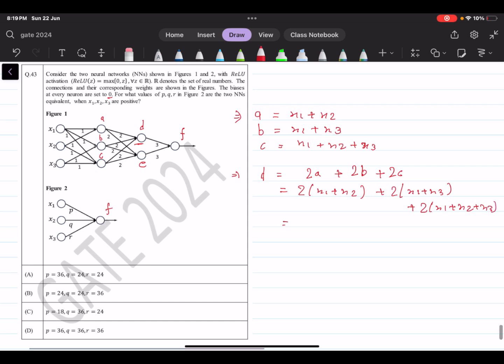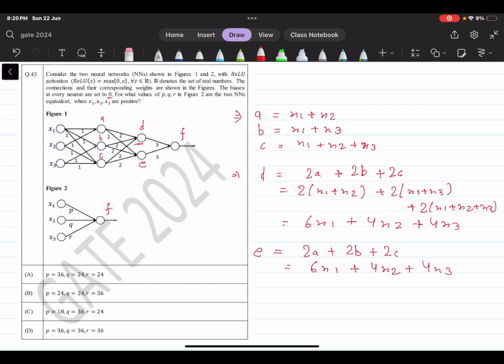If we sum it, it will be 6x1 plus 4x2 plus 4x3. What about E? E also has the same three connections from each of A, B and C with weight 2. So E will also be 2A plus 2B plus 2C, and again it will be 6x1 plus 4x2 plus 4x3.